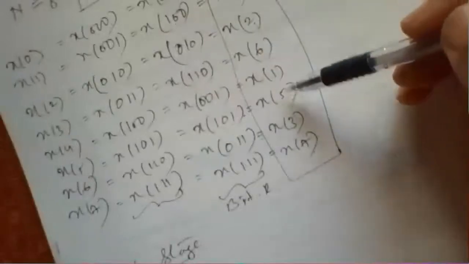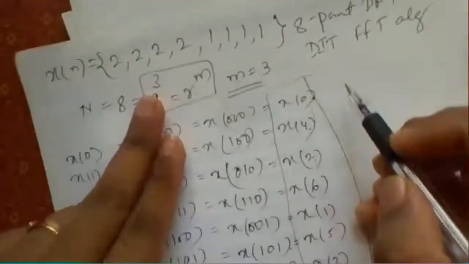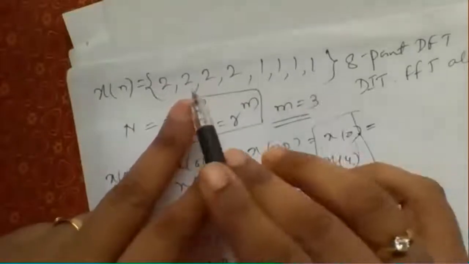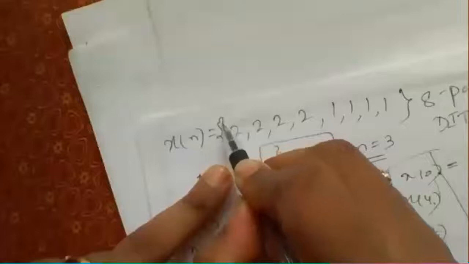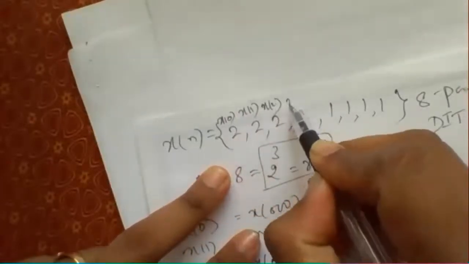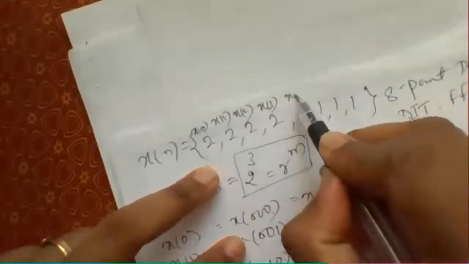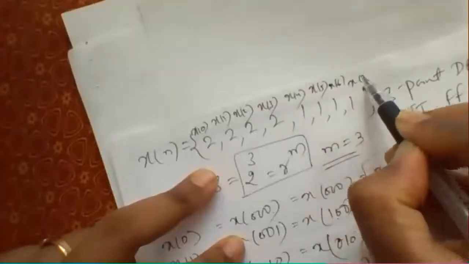In the first stage computation, the inputs are the decimated samples, that is x of 0, 4, 2, 6, 1, 5, 3, 7. Write them in the same order, but now we have to write the values from the given sequence.